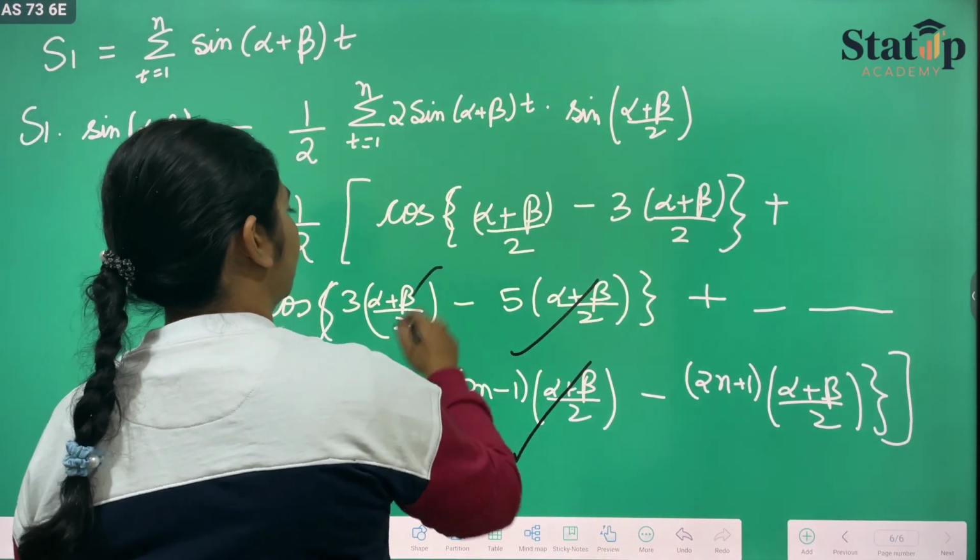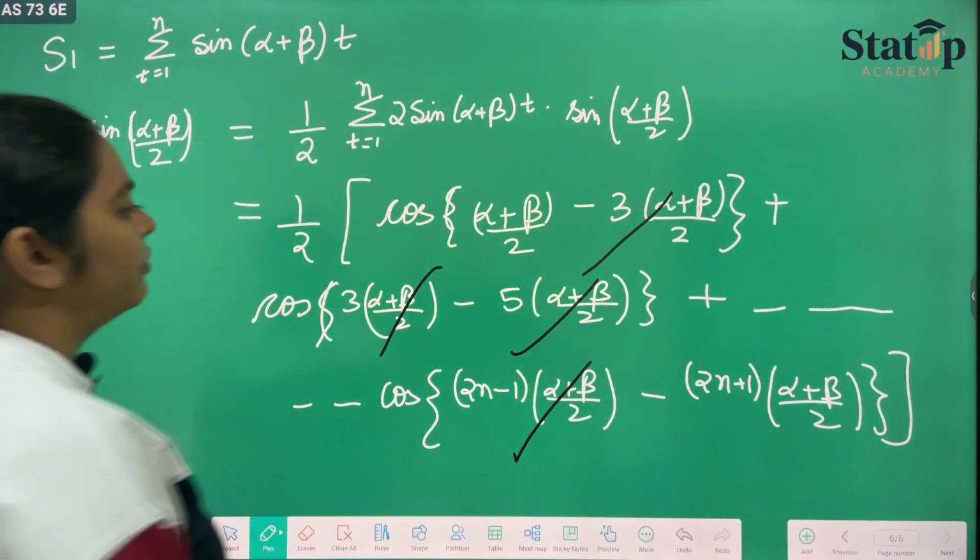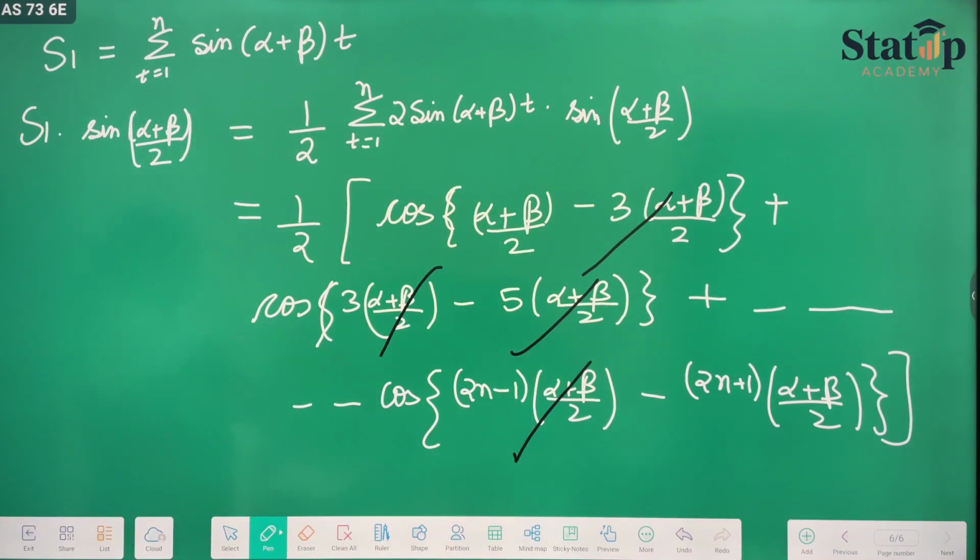So these common terms will get cancelled and we are only left with the first and the last term: cos (alpha plus beta)/2 minus cos (2n plus 1)(alpha plus beta)/2.